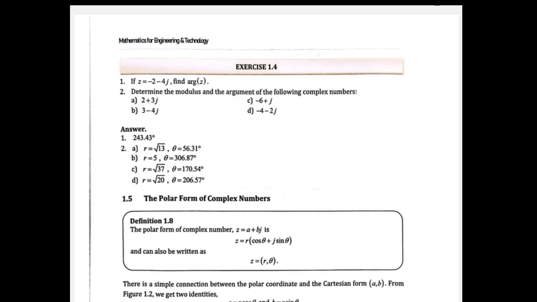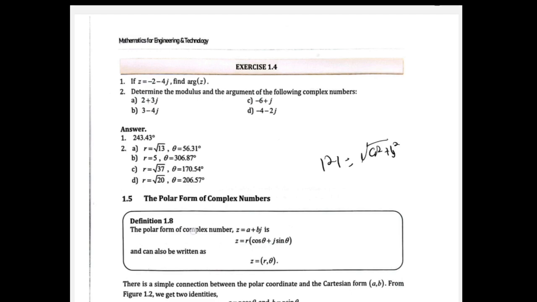So, to summarize today's lesson, the modulus of z is equal to the square root of, sorry, a squared plus b squared. Right, this is the modulus of z.